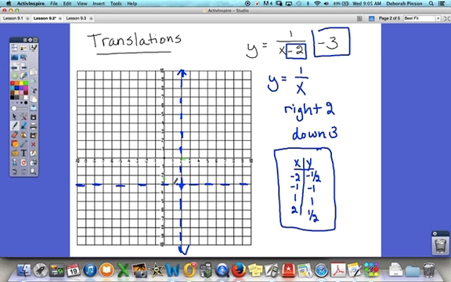If I do that, I will have already moved my graph to the right 2, down 3. So it's a little bit easier way to deal with it than what we've done before. Okay, so -2, -1/2, -1, -1. Approach my asymptotes. 1, 1, 2, 1/2.